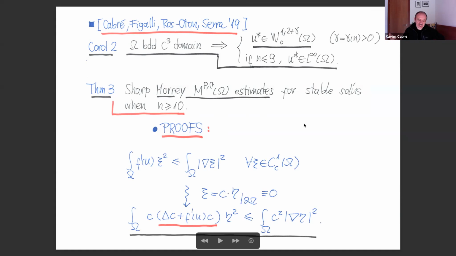So we will use two things, the equation and we will use the equation several times, and we will use the stability also several times. So this is the stability condition. And the point is to use it with appropriate test functions xi. So first thing you do is to write xi as the product of two functions. The second one, this is not well written.